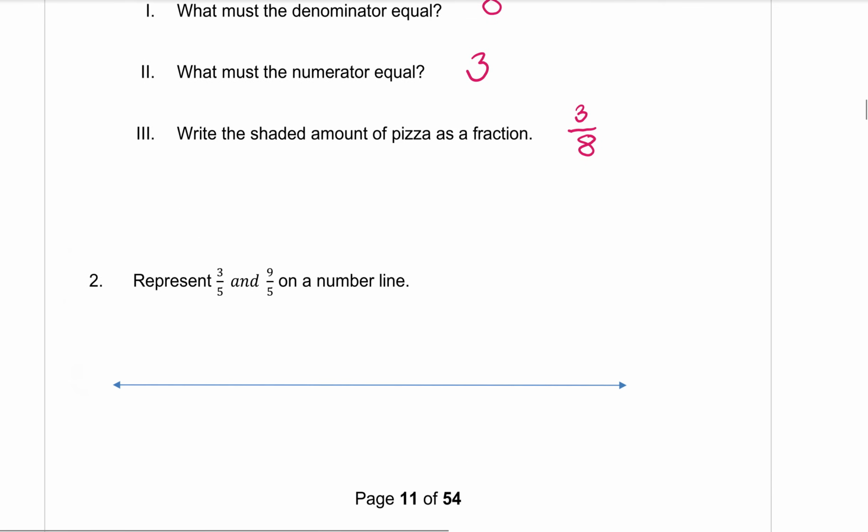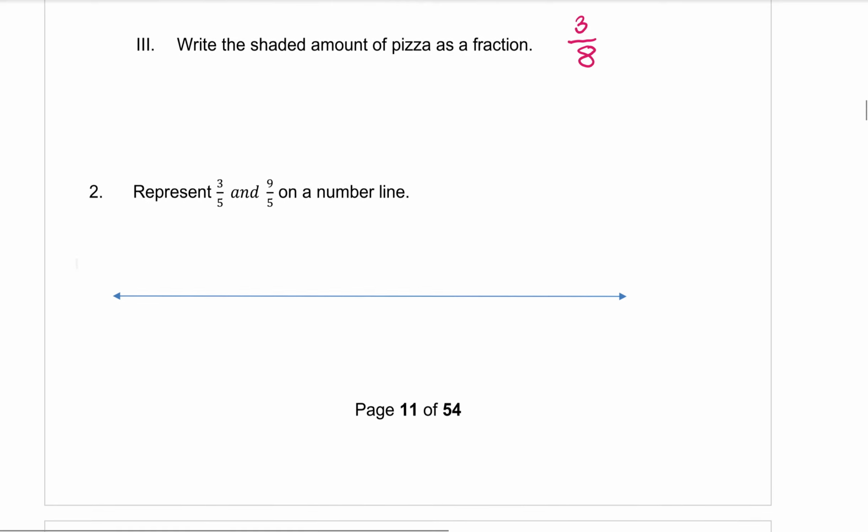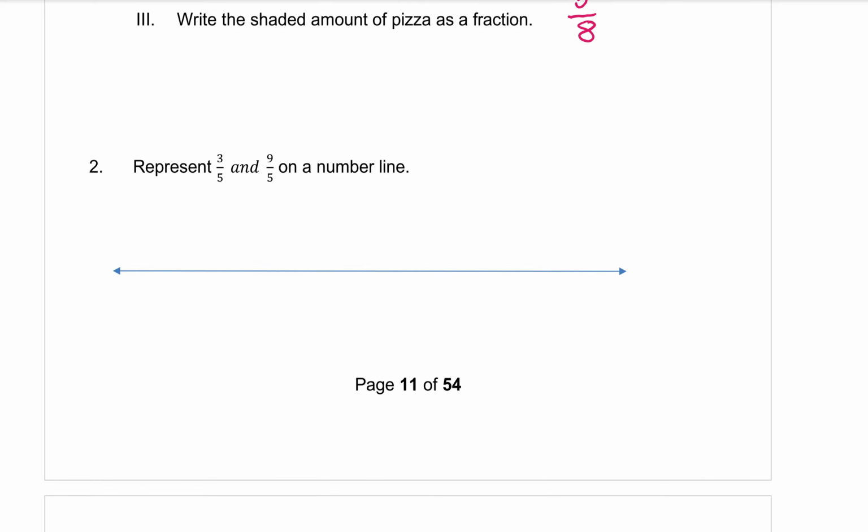Question 2. Represent 3/5 and 9/5 on a number line. Because these are fractions that I'm trying to write on a number line, I'm going to divide my number line into fractional parts. Now my denominator is fifths.